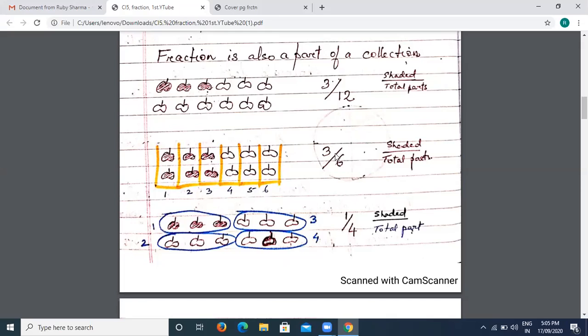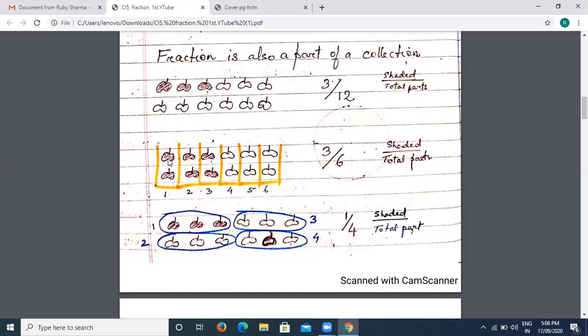Like here, suppose you have 3 by 6 of 12 apples. Then that is not 3 apples. So total apples is 12 here, no doubt, but it is divided into 6 equal parts, which is the denominator.